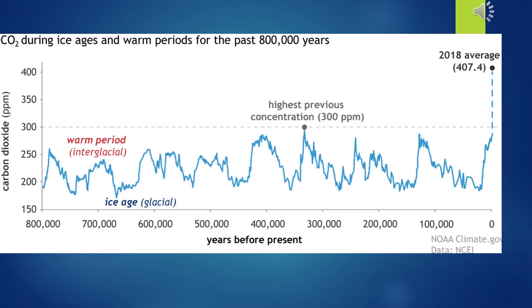That's quite natural. But if we look at where we are now, we right now have an average of over 400 parts per million, which is way, way higher than anything we've seen in the last many years. So we are changing Earth's atmosphere in a significant way, and this is going to have an impact.